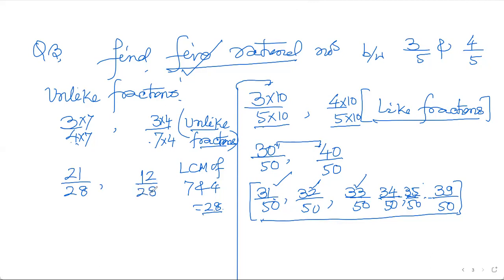And now you are getting a little bit of space between 12 and 21. You can write the numbers, starting from here: 13 by 28, 14 by 28, 15 by 28, 16 by 28. And if they are asking you only 5 numbers, then it finishes here.